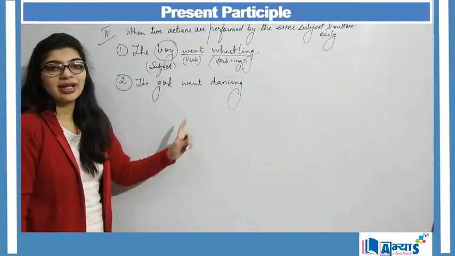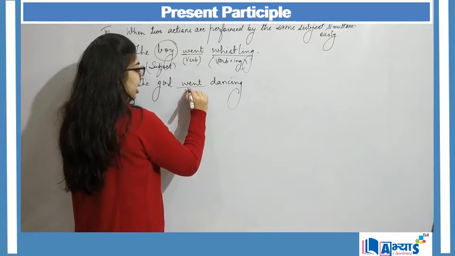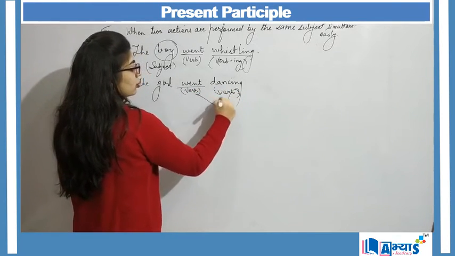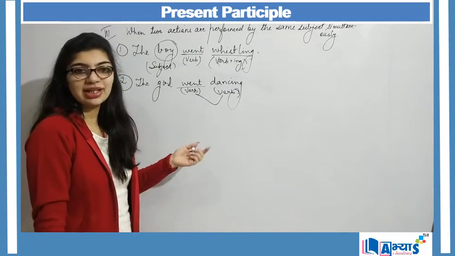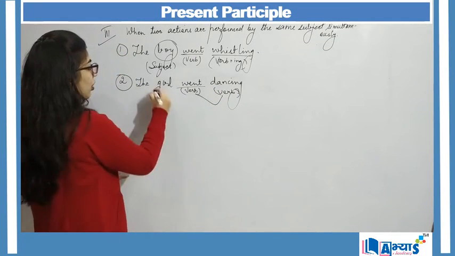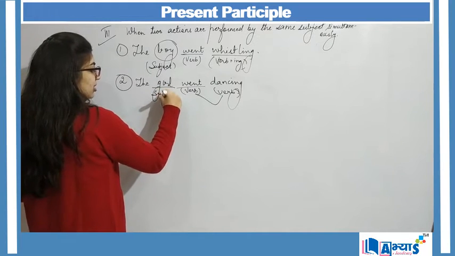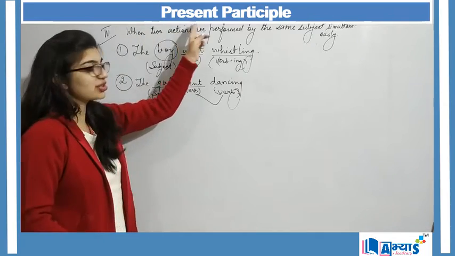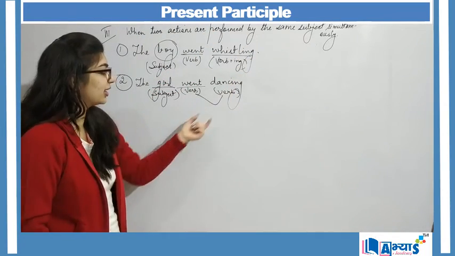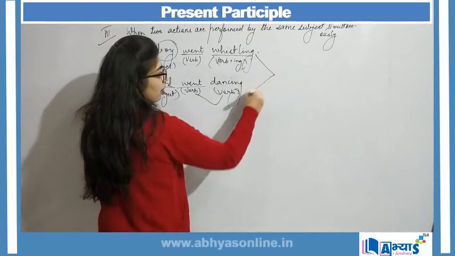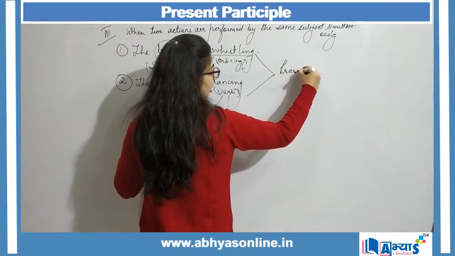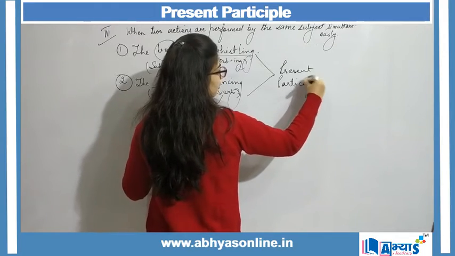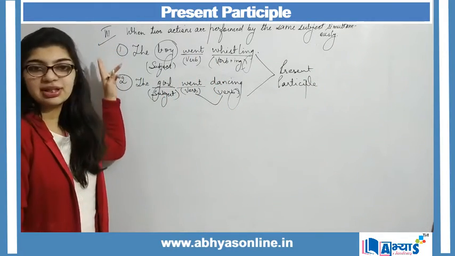The girl went dancing. Went is my verb and dance is also my verb. Two verbs, actions are basically the verbs. So two verbs performed by the same subject. So this is also an example where two actions are performed by the same subject. In that case we make use of present participle. Now these both are my present participle form. So this was the third area.